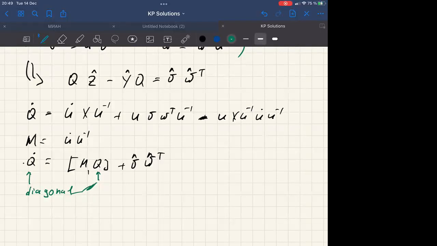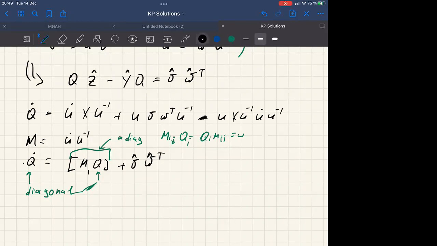Since this matrix is diagonal, this matrix is anti-diagonal, because the diagonal element should be m_e q_e minus q_e m_e, which is 0. So this should have zeros on the diagonal. So this equation could split into two equations.